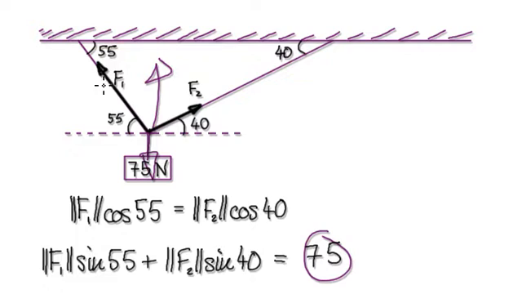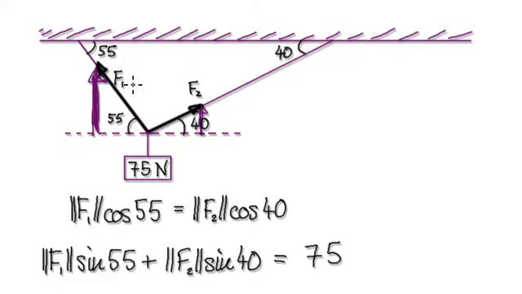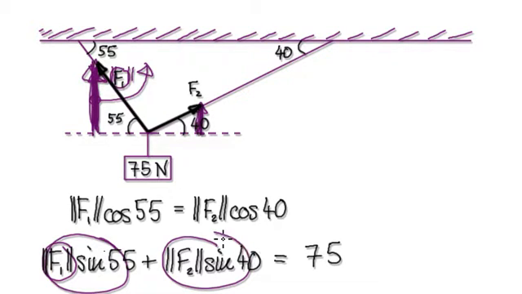Pulling up would be this vertical force here and this vertical force. This vertical force here would be the magnitude of this times sine. Remember, sine is this thing here. So this vertical force here is given by this.